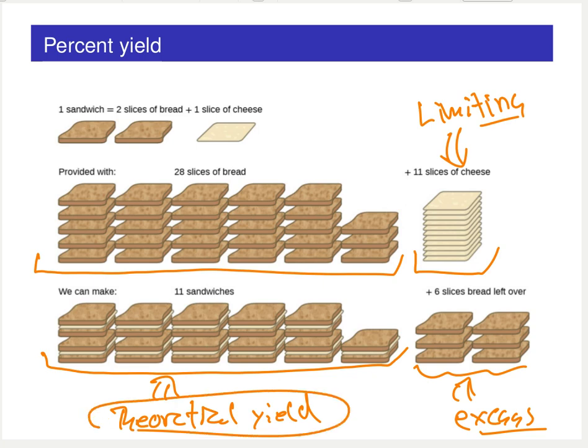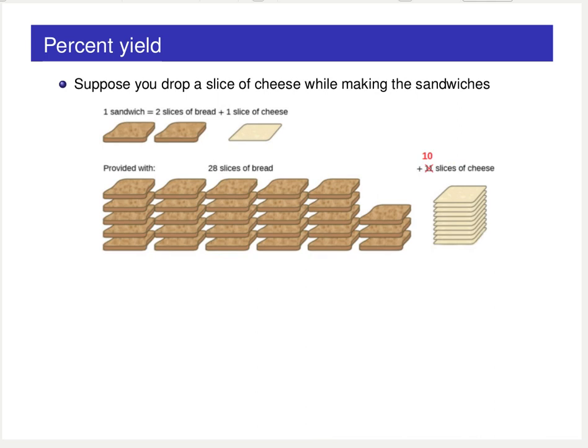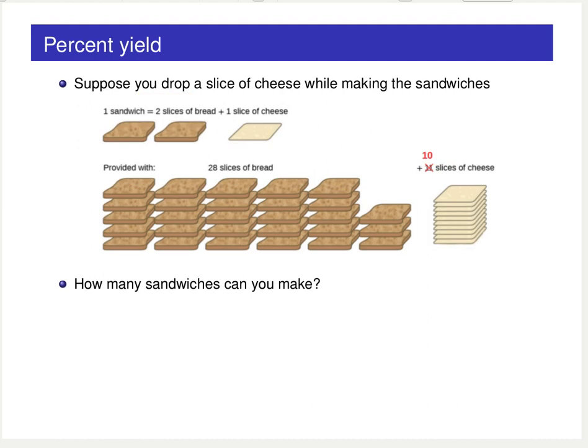Now, let's suppose you're actually making these cheese sandwiches. Remember, there's no guarantee that every one of those slices of cheese is going to end up on a sandwich that you can eat. For example, let's suppose that while you're making those cheese sandwiches, you simply drop a slice of cheese. In that case, the initial 11 slices of cheese will effectively be 10, because you're not going to be able to make a sandwich with the dropped one.